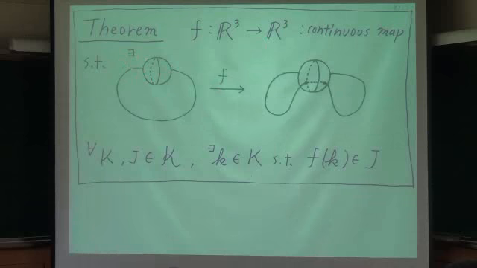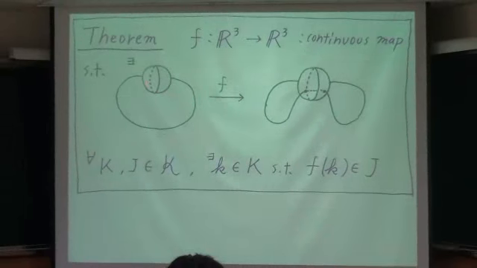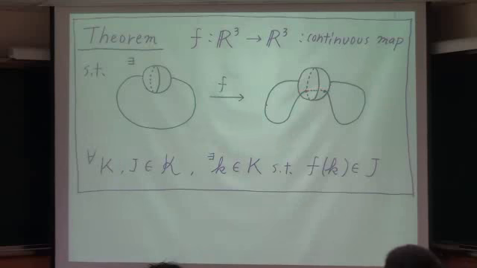The condition is, as drawn in the figure for simplicity, that there exists some 3-ball and a simple arc like this, and that is mapped by F like this way.